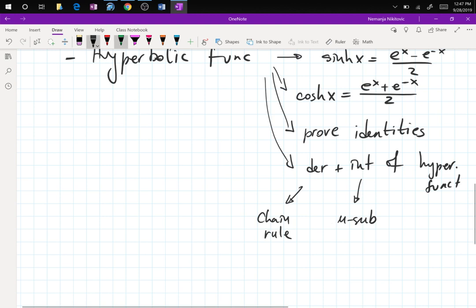I'm going to say here in green, 8.1 is very useful. So 8.5 is very useful if you do 8.1.